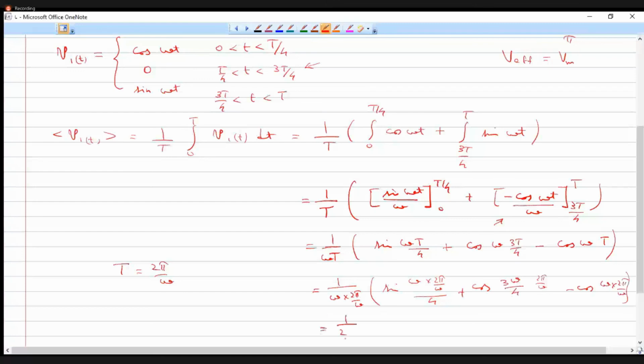So it is 1 by 2 pi, and here we have sine of pi by 2 plus cos of 3 pi by 2 minus cos of 2 pi.